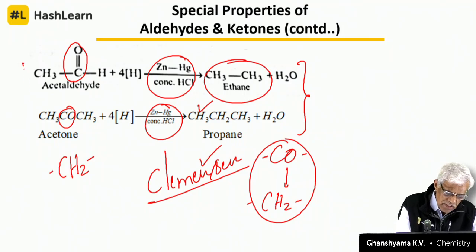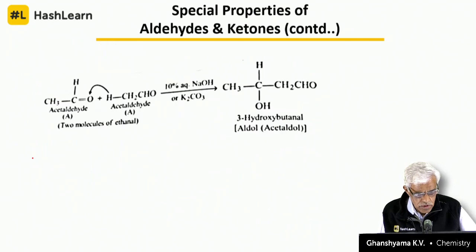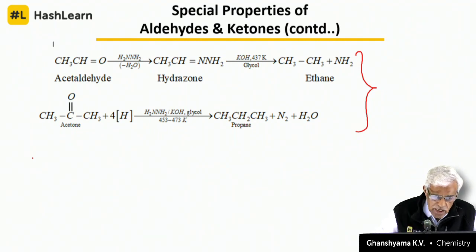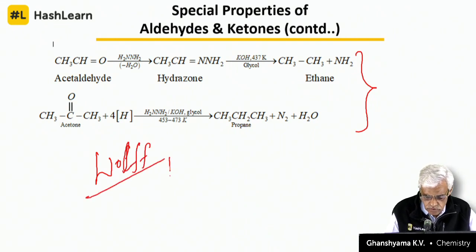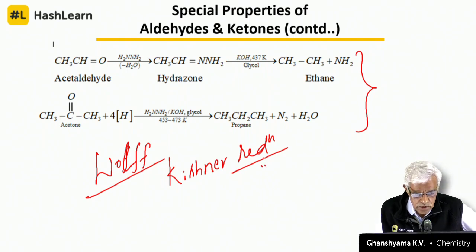So, Clemmensen reduction is this. I will go to the next reduction, a similar type of reduction. This is the Wolff-Kishner reduction.